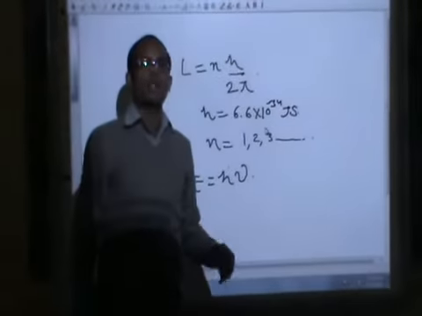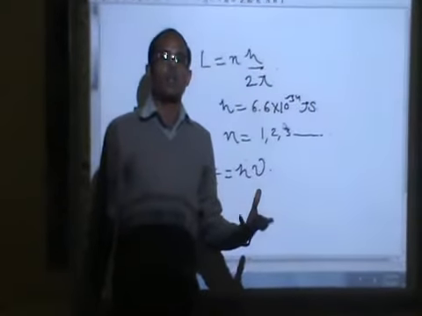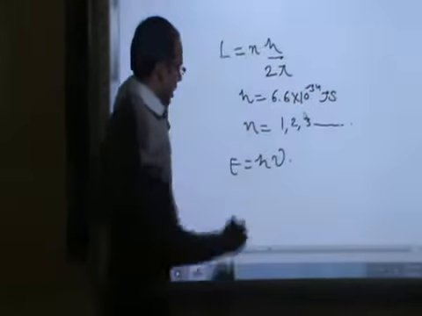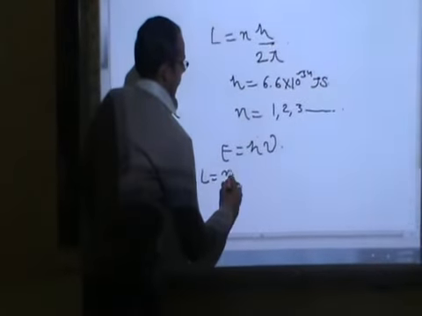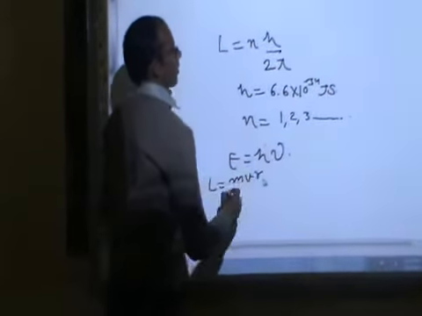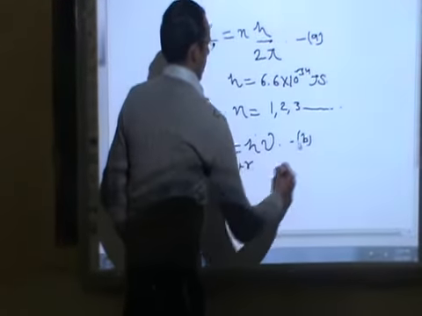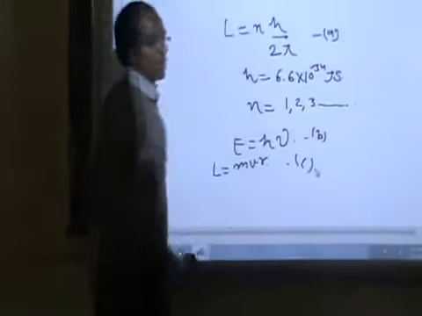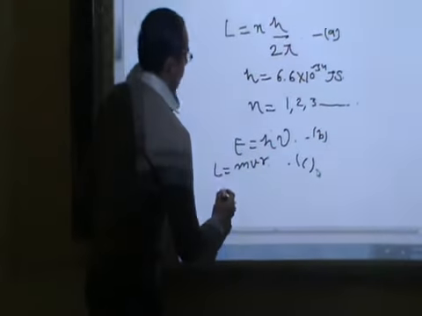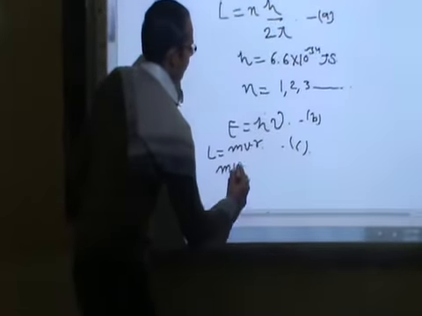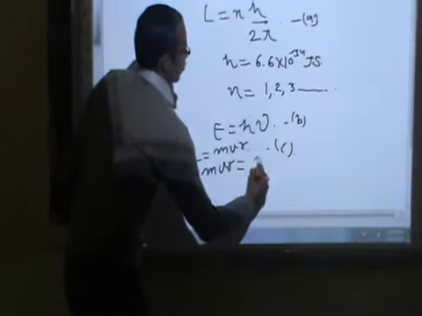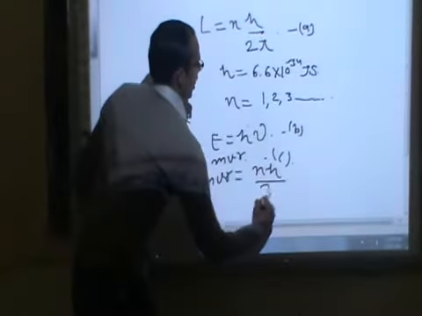On the other hand, we know that by mechanics, L is equal to mvr. This is equation A, this is equation B, and this is equation C. From equation A and equation C, we can see that mvr is equal to nh upon 2 pi.